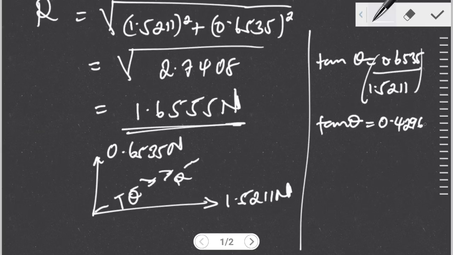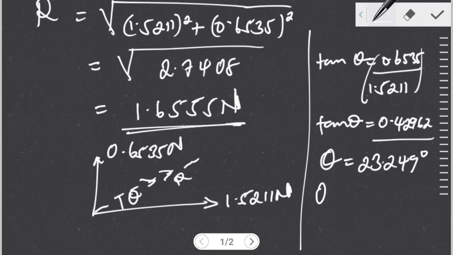So tan theta would be equal to 0.4296, and theta would be tan inverse of this, which gives 23.249 degrees.